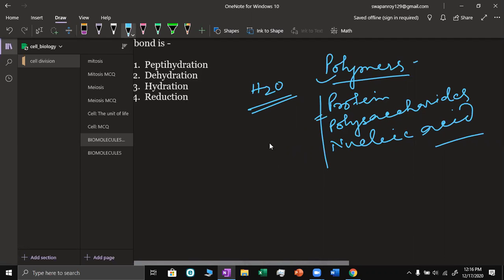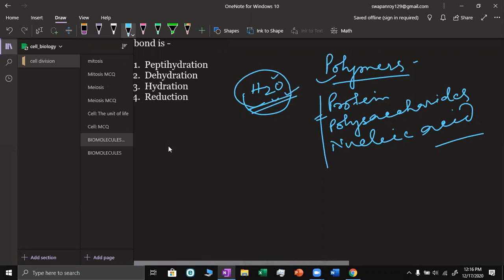During joining of the monomers, different types of bonds are formed. But during the formation of this bond, always one molecule of water is released.